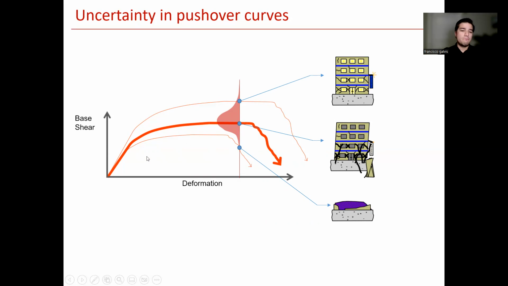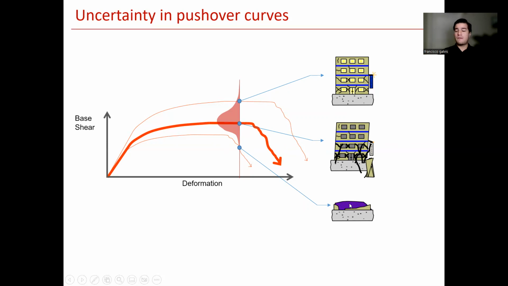So if you say this is the 2% maximum drift from the code, and for that, with my nominal properties, I get life safety performance, so I'm good, I'm fulfilling the code. But then what happens if, because of all of this uncertainty that is embedded from material properties, from construction practices, from the environmental characteristics, the temperature on the day of the pour, whether it rained or not, all of these things that we don't control and maybe our models don't really reflect, then you could have much better performance or much worse performance.